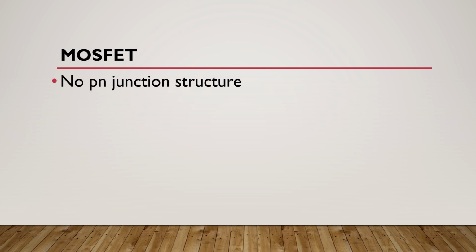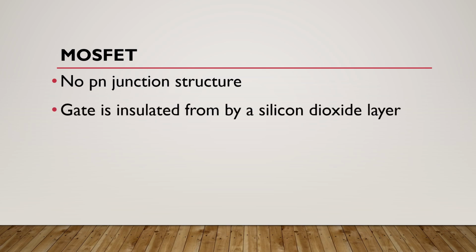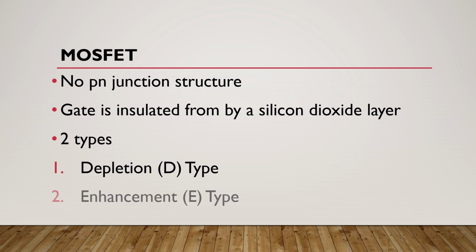The gate of the MOSFET is insulated from the channel by a silicon dioxide layer. The two basic types of MOSFETs are depletion type and enhancement type. Of these two types, the enhancement MOSFET is more widely used.